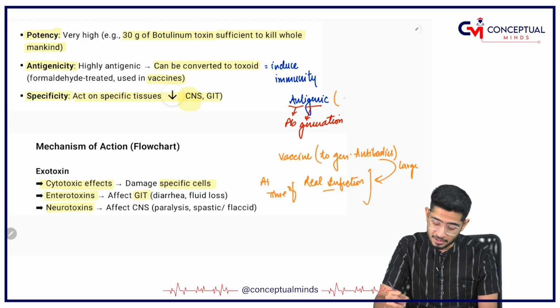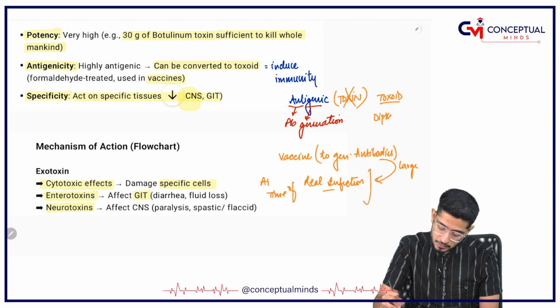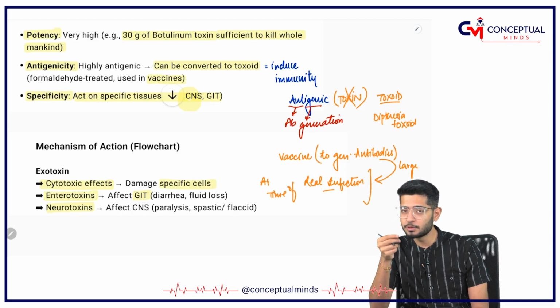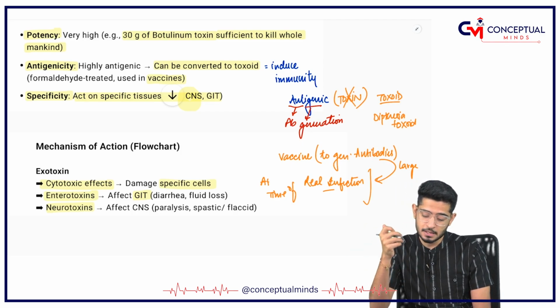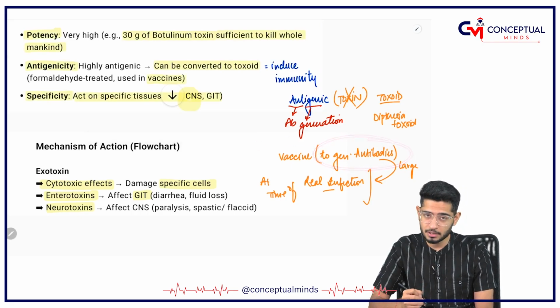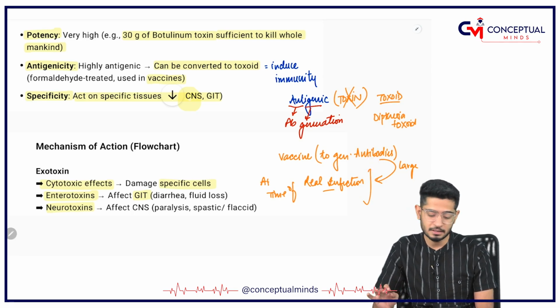You are putting in an antigen, that is a toxin, but since it is a weak toxin, it is called a toxoid, like diphtheria toxoid and tetanus toxoid. We are putting a small part of the exotoxin into the human body through vaccines, because exotoxins have the property to generate antibodies, and when the real infection comes, you will have sufficient antibodies to kill it.